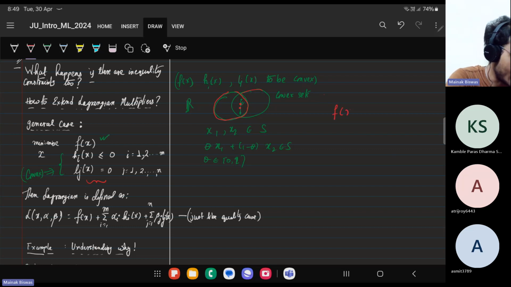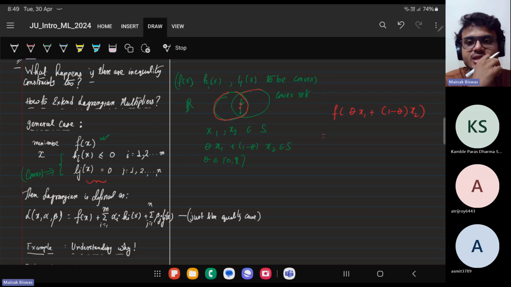See, f of theta x1 plus 1 minus theta x2. What will this be? F is a convex function, I have said. So what can I write? Is less than or equal to. We have seen this in convex functions.